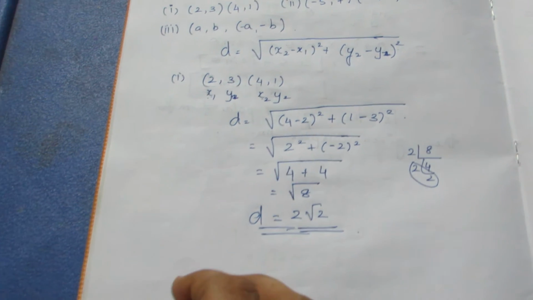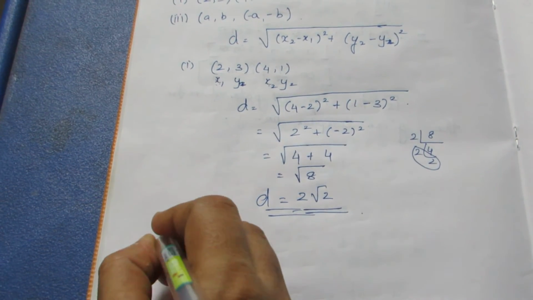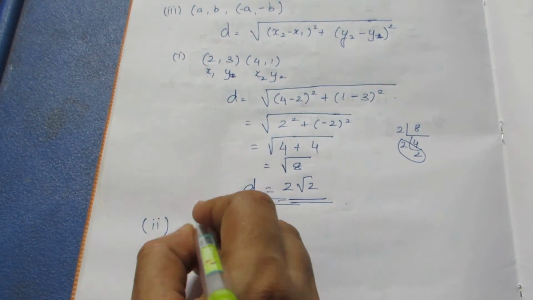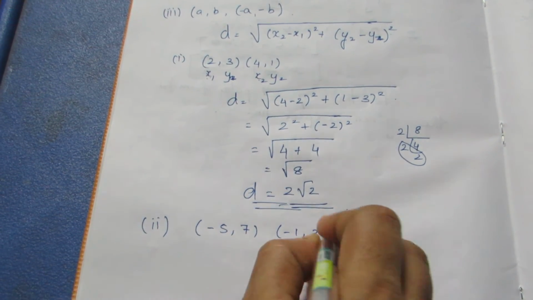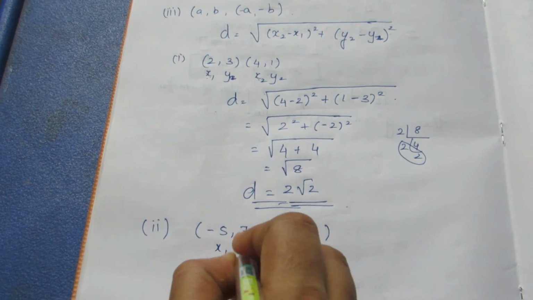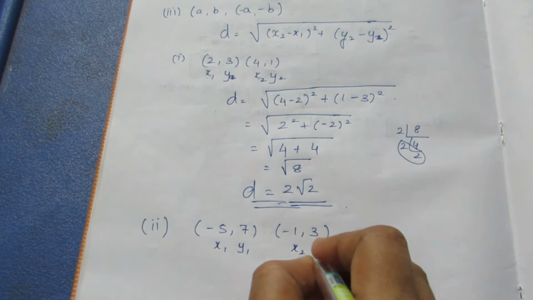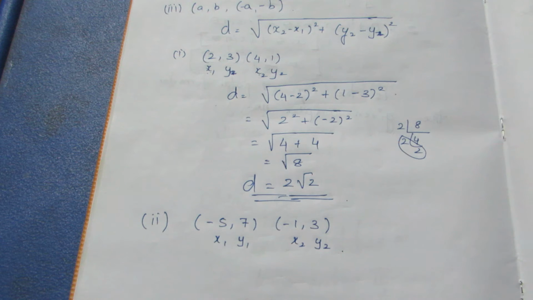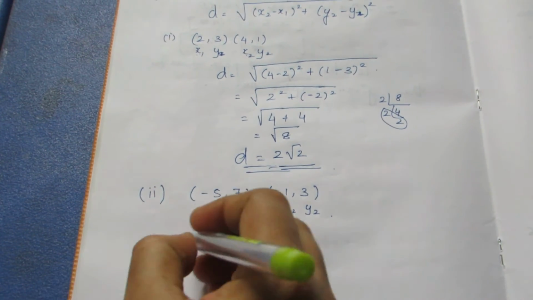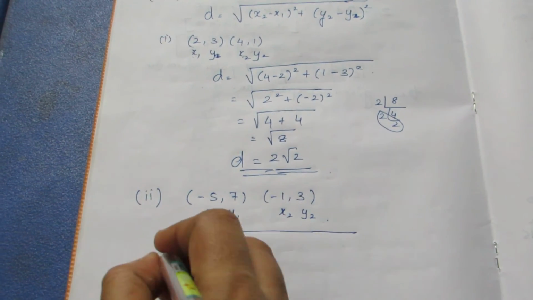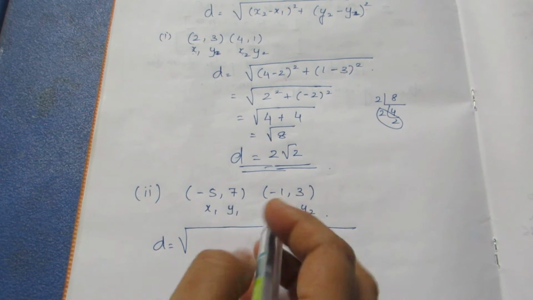We'll move on with the second one. The second one is given as minus 5 comma 7 and minus 1 comma 3. Here it is x1 y1, here x2 y2. As I have written the distance formula first, I'll just substitute the values for the second one. It is just d equal to root of x2 minus x1 the whole square.